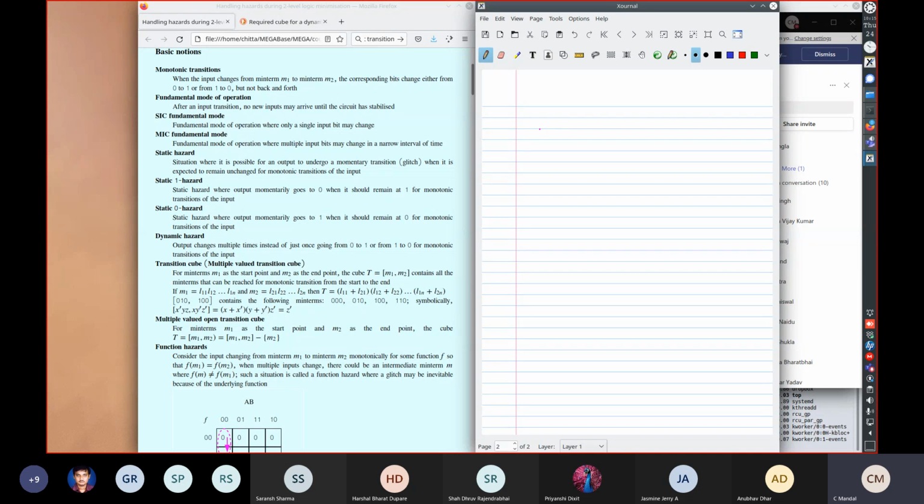When you say undesirable, you can have two situations. You expect your waveform to be like this, or you might expect your waveform to be like this, but you have some undesirable spike.